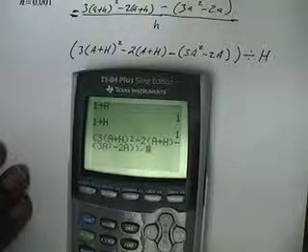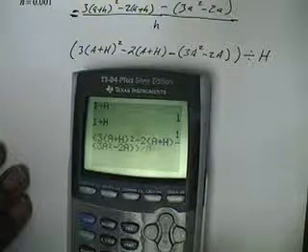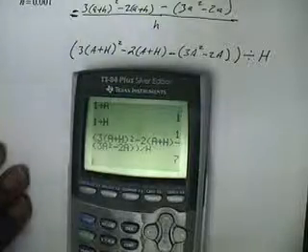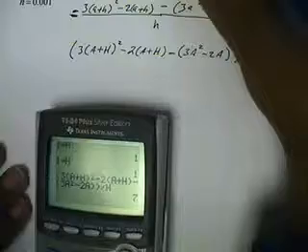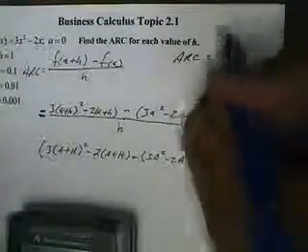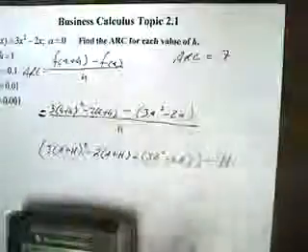Divide all that by alpha h, and then enter. And we have 7. So 7 is our first ARC. That's the ARC for h is 1.